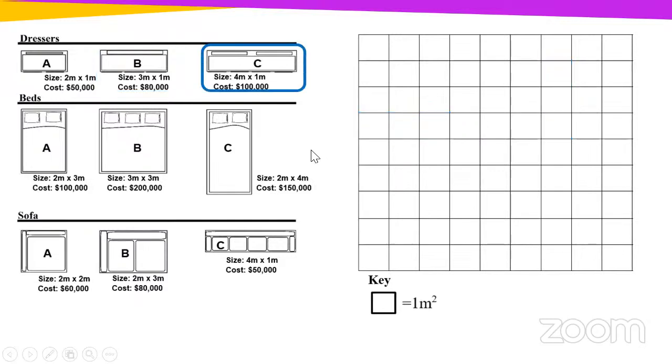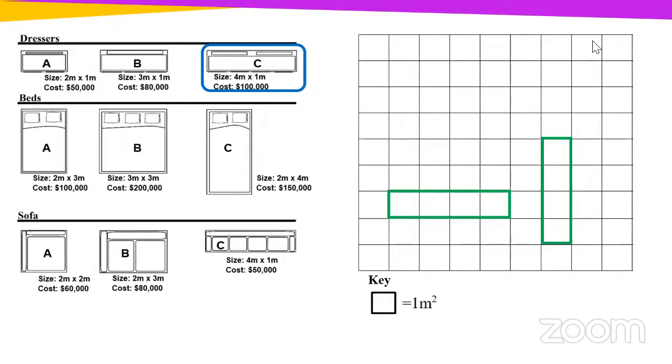All right, boys and girls, let's go to dresser C. Representation of dresser C. Go ahead. 1 by 4 meters. That's correct. And what would be the other one? 4 by 1.